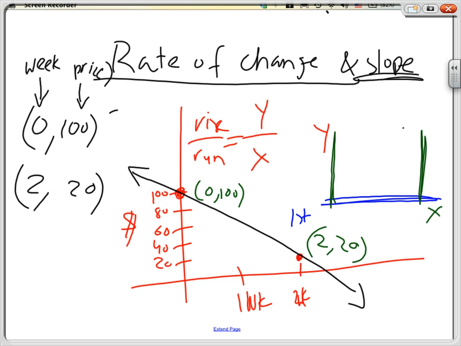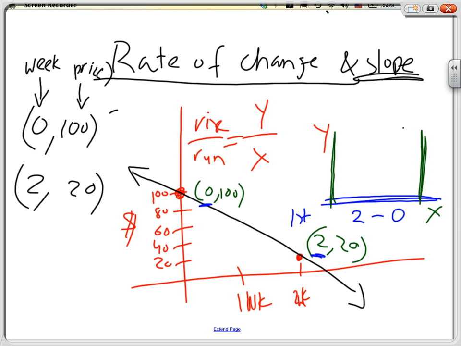Which two points are x? 0 and 2. Look at that. So let's build a foundation. What is the new value here and what's the old value? New is 2 and old is 0. Exactly. To find a change, we just subtract, right? We learned how to find a change by subtracting.